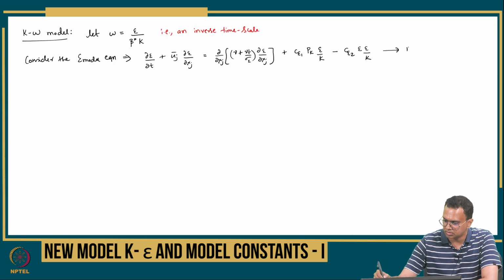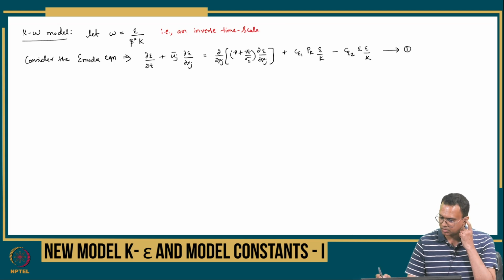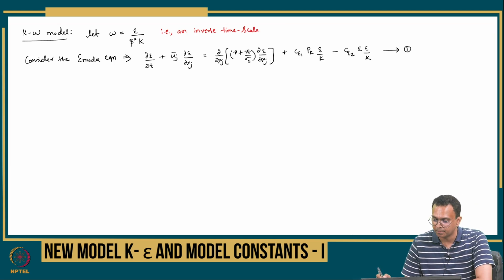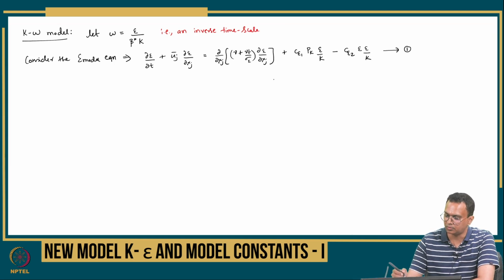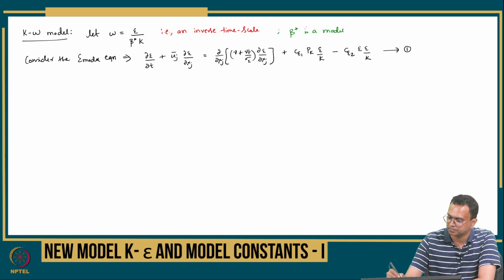Okay, let's call this equation 1 here now. Beta is a constant, I'll come to that value. Here beta star is a model constant. All model constants I'll give you at the end.